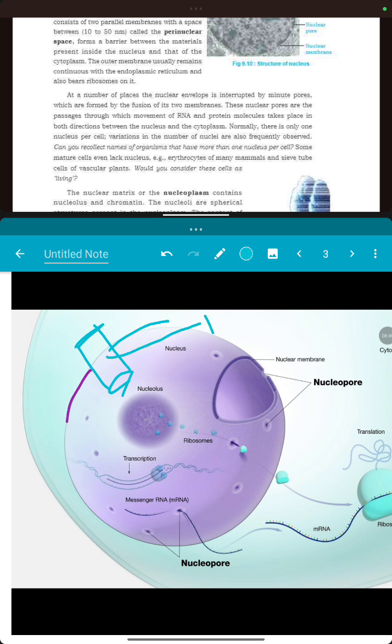This was the nuclear pore. In the diagram it will be visible like this.